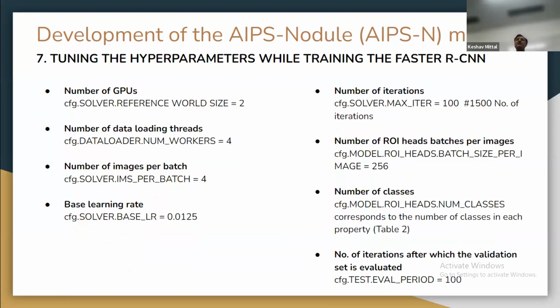Then we tune the hyperparameters. तो हमने hyperparameters होते हैं which are utilized to tune our machine learning system. So we had parameters that how many GPUs will be used, how many threads will be used, how many images will be studied per batch, what will be the learning rate, and at what speed our system is going to learn, how many iterations you will take during the learning, how many classes you will take.